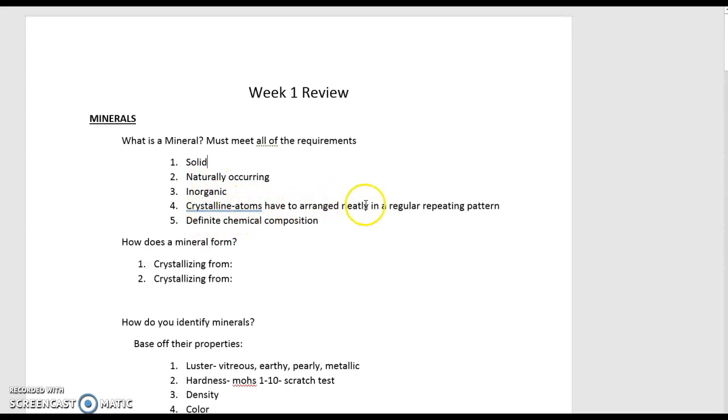The atoms themselves are tightly packed together. They're not moving very much, so moving at a low velocity or speed, and they form some sort of pattern. So we only have two examples of things that are solid but don't have a crystalline structure, and that's glass and plastic.